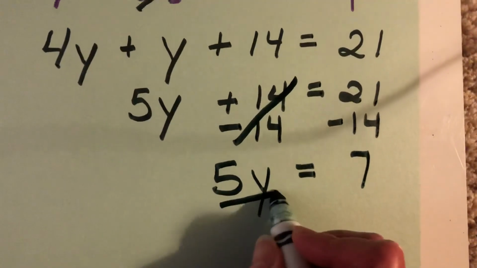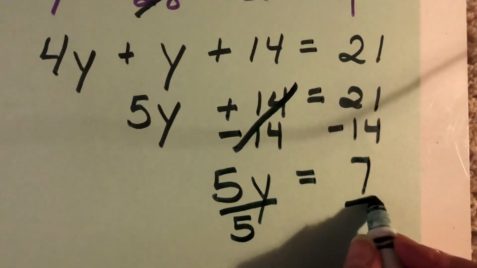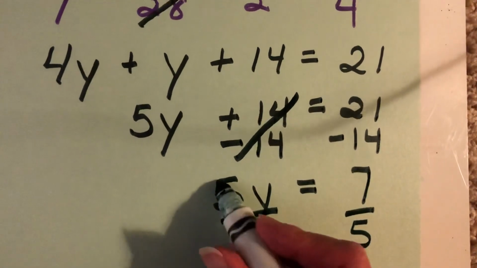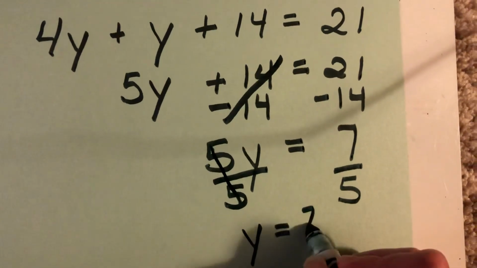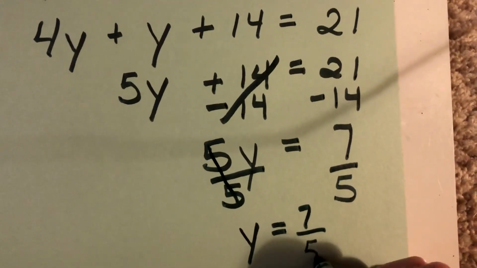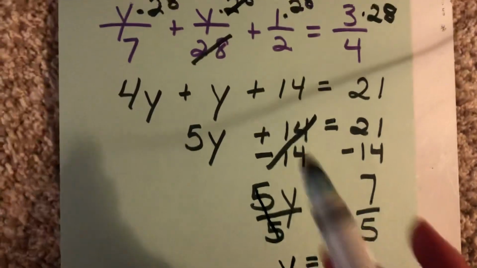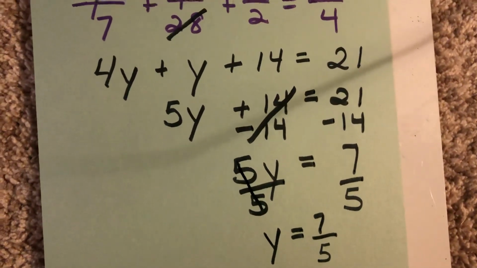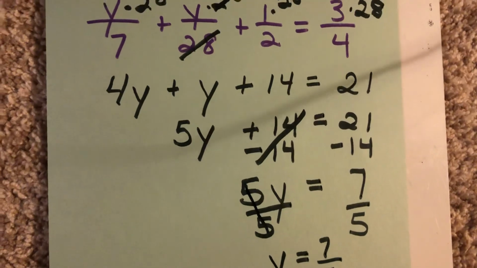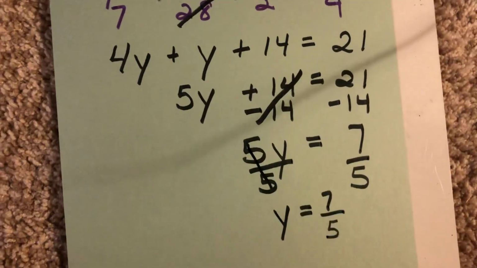And the last step is always divide by the coefficient. So you can leave your answer as an improper fraction. In fact, you will not want to put it as a decimal because the original problem was given in fractions, so the answer should be either a fraction or an integer if the fraction ends up simplifying. So 7/5.